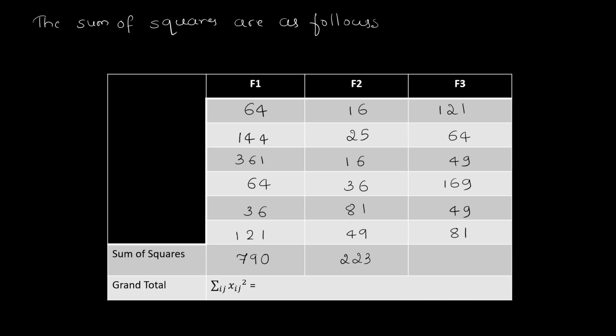We are squaring all the values and adding them, so it is 533. Adding all these gives us a grand total: 790 plus 223 plus 533 is 1546.